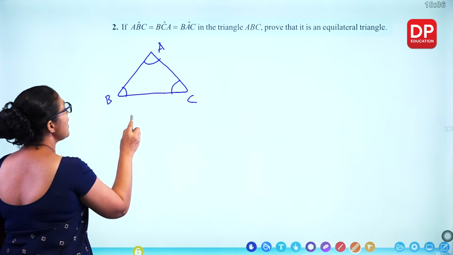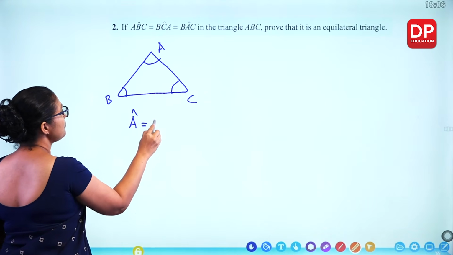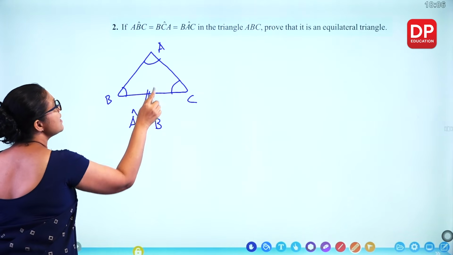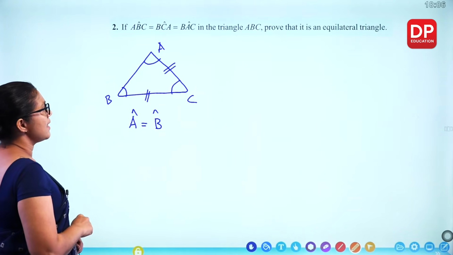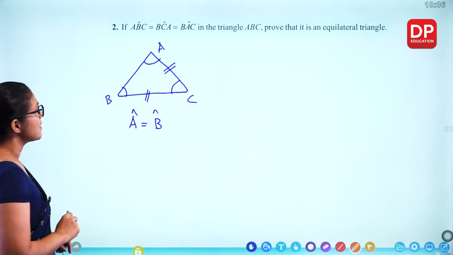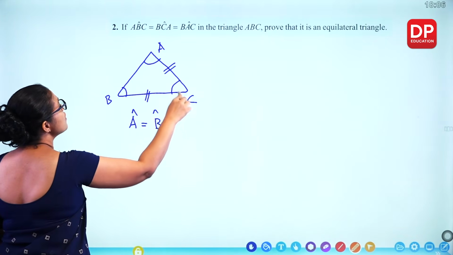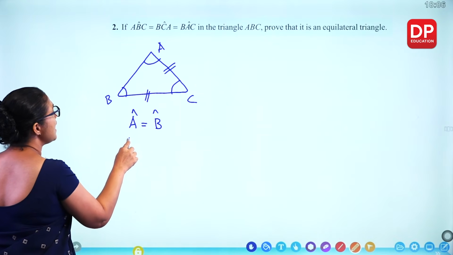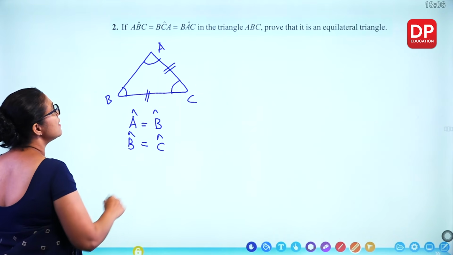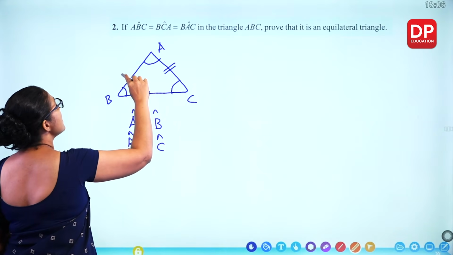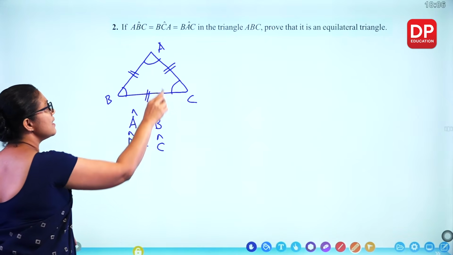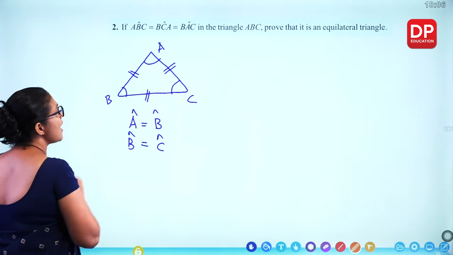If these two angles are equal, we can say this length is equal to this length. That is an isosceles triangle. Taking it the other way around, if angle B is equal to angle C, that means these two sides should be equal. So that means all these lengths are equal.